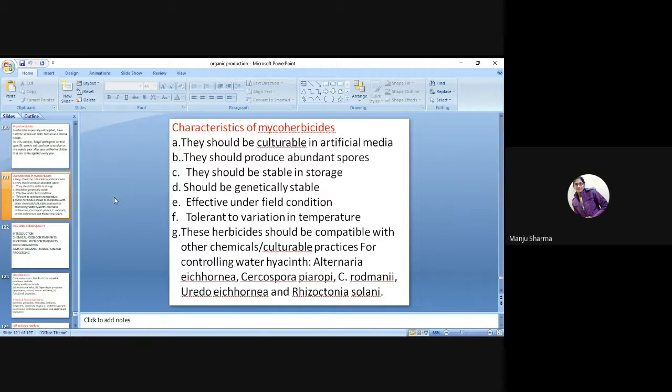Fifth, effective under field condition, and tolerant to variation in temperature. Next, these herbicides should be compatible with other chemicals, cultural practices for controlling weeds.